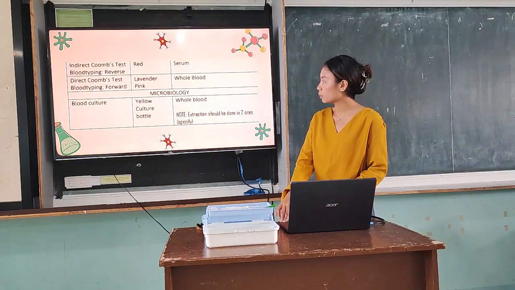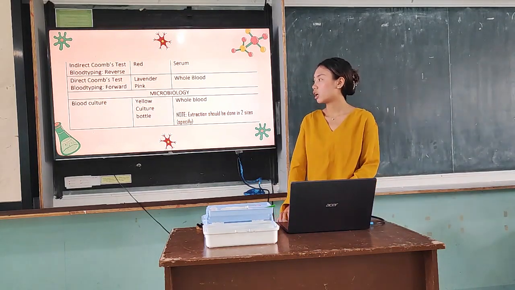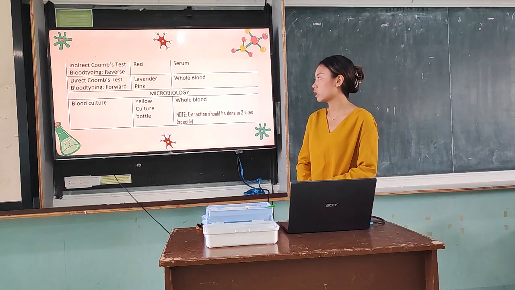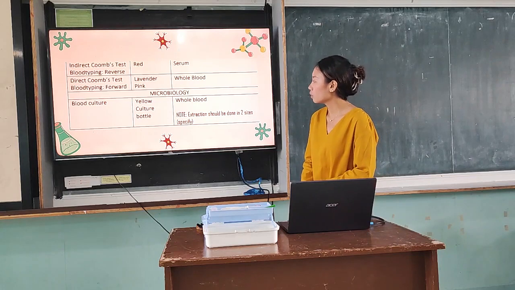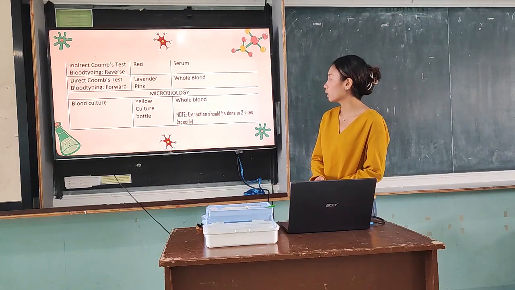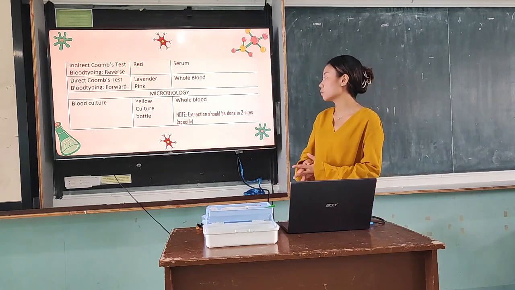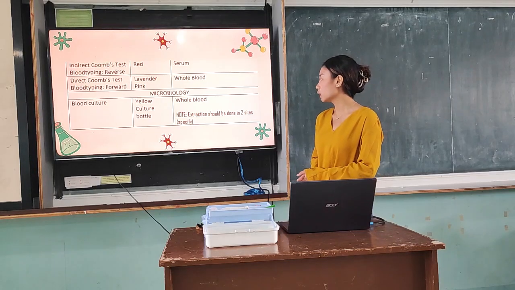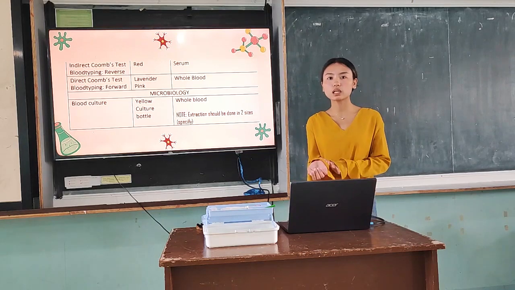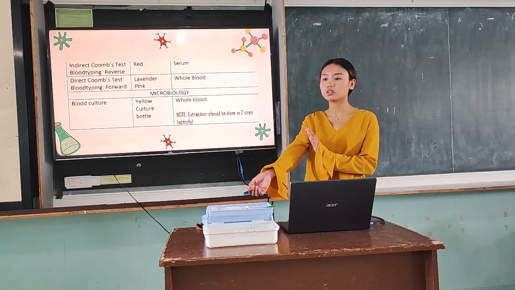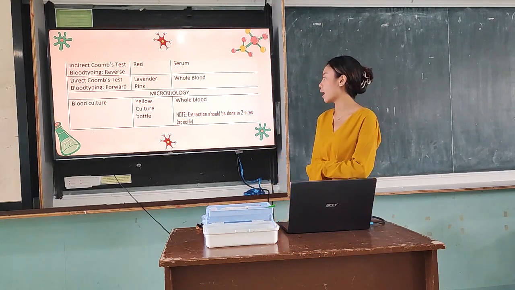For blood culture, microbiology, just like what I said kanina, di ba yung sa yellow top, ginagamit siya for blood culture. So, it uses yellow top, and it needs a specimen na whole blood. Note that the extraction should be done in two sites. Sa two sites siya, for example, sa may kamay at sa may paa.